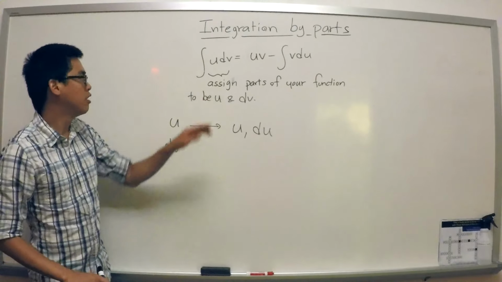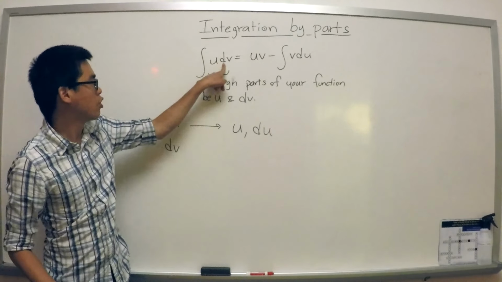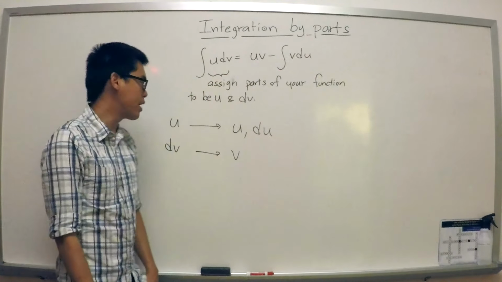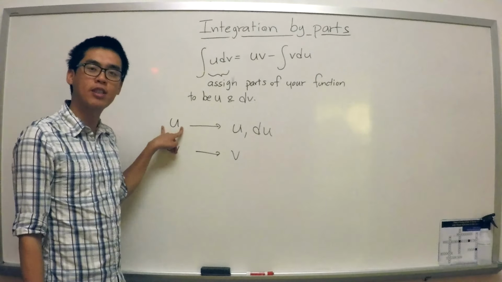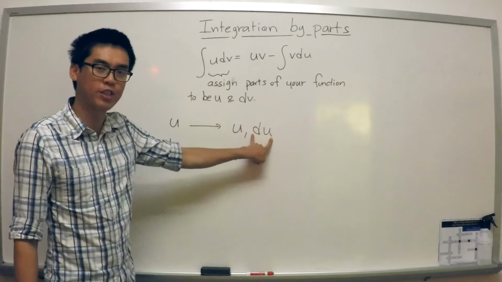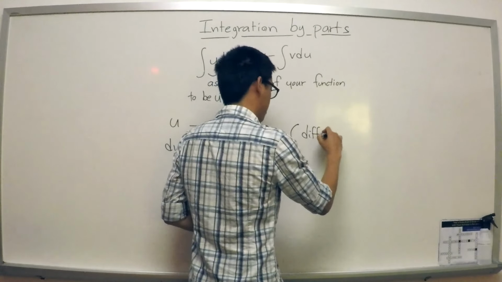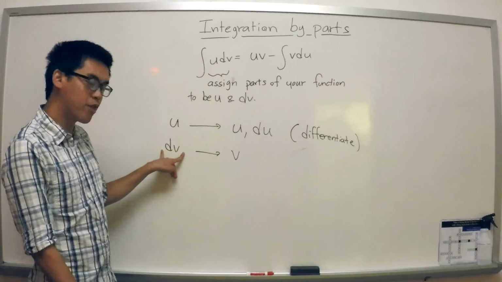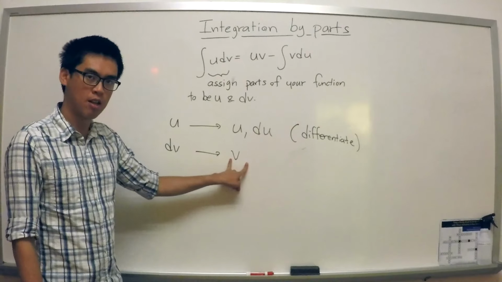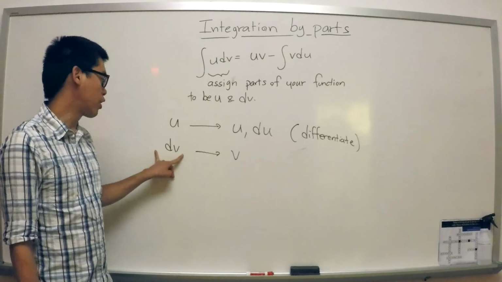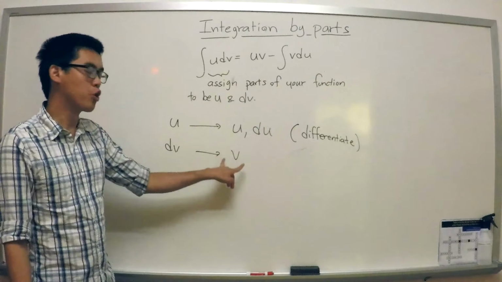On the other hand, you start off with v and you want to end up with v, which means the part of your function that you assign to be u, you need to differentiate. For dv, you start with dv and you end up with v. That means the part of your function that you assign to be dv, you will need to integrate.